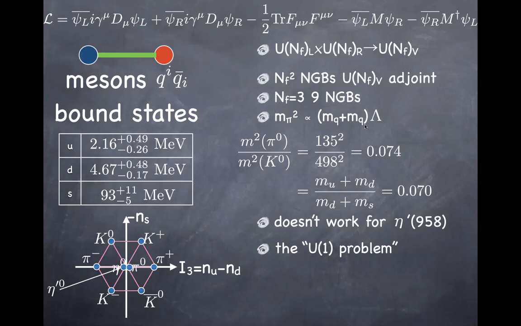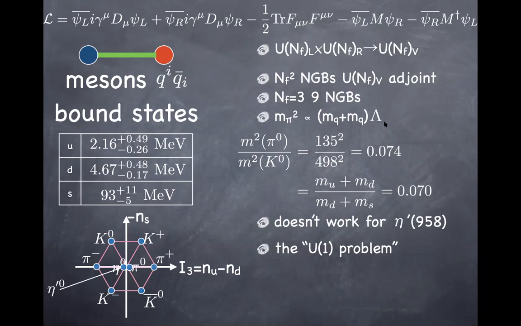If you use the quark language, non-conservation of axial current is proportional to quark masses linearly. And dimensional analysis suggests the only other mass dimension you can use to make them equal is the confinement scale lambda. So that's how you arrive at the conclusion that the meson mass squared is proportional to quark mass times the confinement scale.